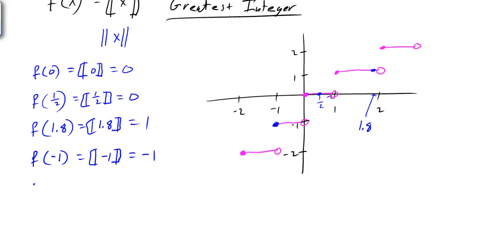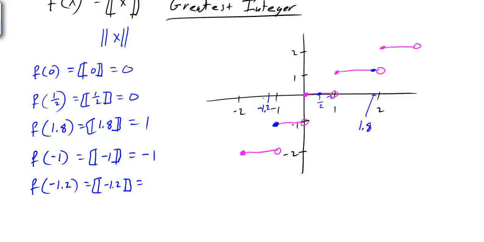Now, be careful here. You got to be careful when you look at the negatives. If we plug a -1.2 in for x, first of all, we need to locate a -1.2. So here is a -1.2. Now -1.2 is not an integer, so we want to look at the integer that is less than -1.2.